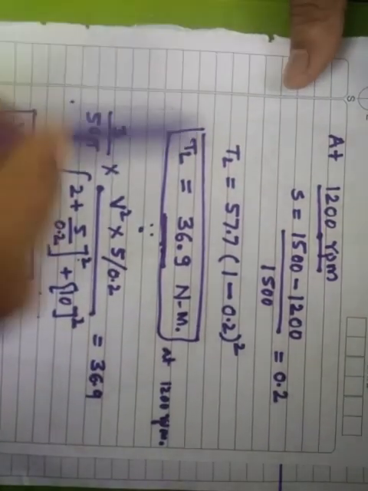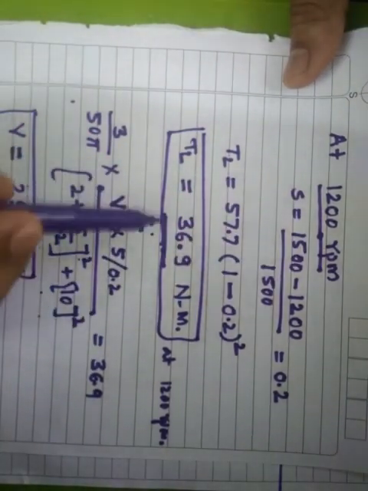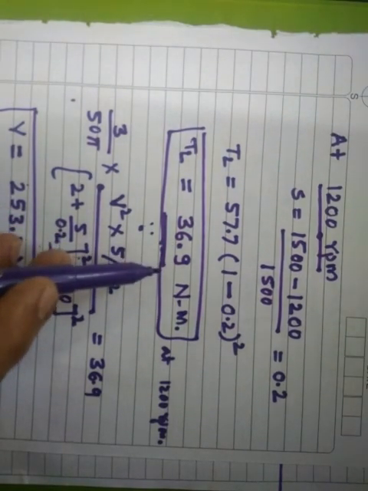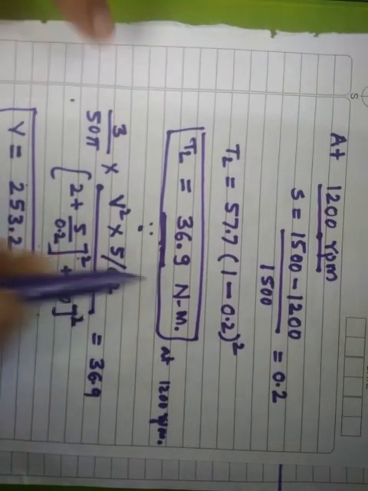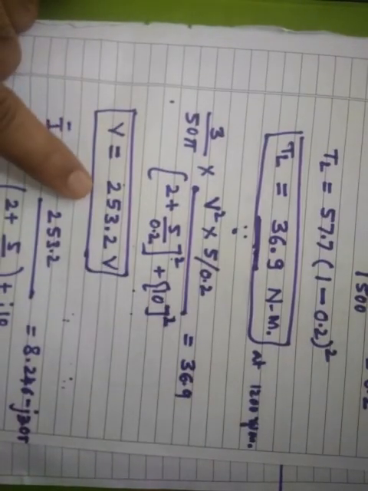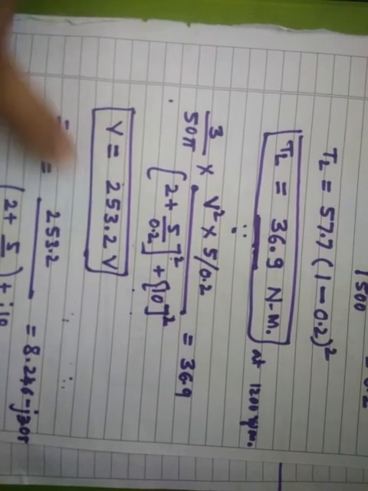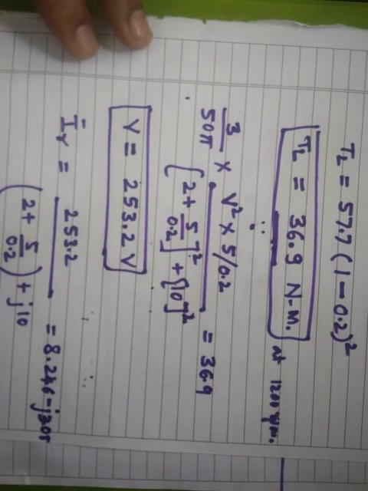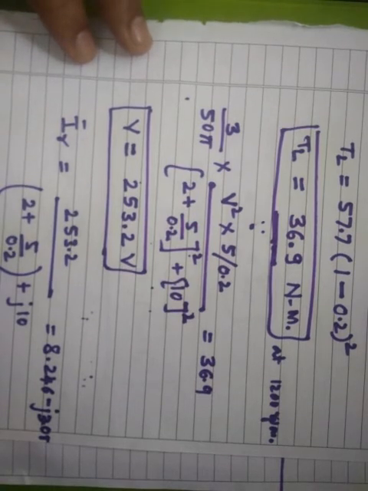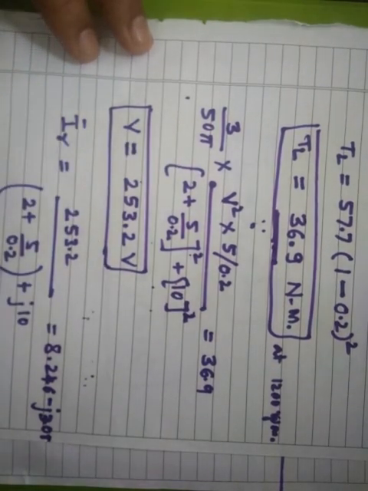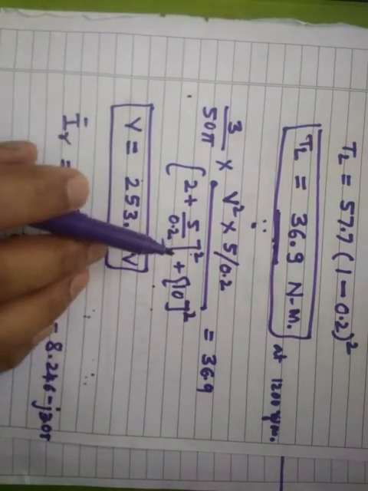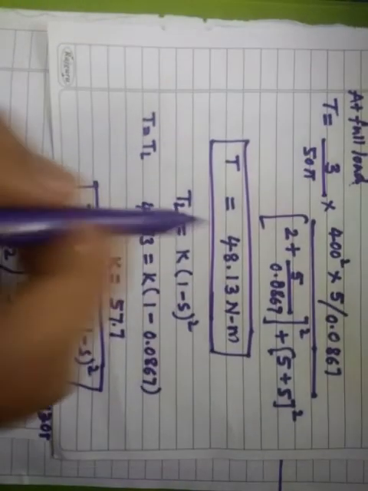At 1200 rpm the load torque becomes 36.9 and the terminal voltage becomes 253. It means that if you reduce the stator voltage to control the speed from rated to the required speed, the torque will be reduced.